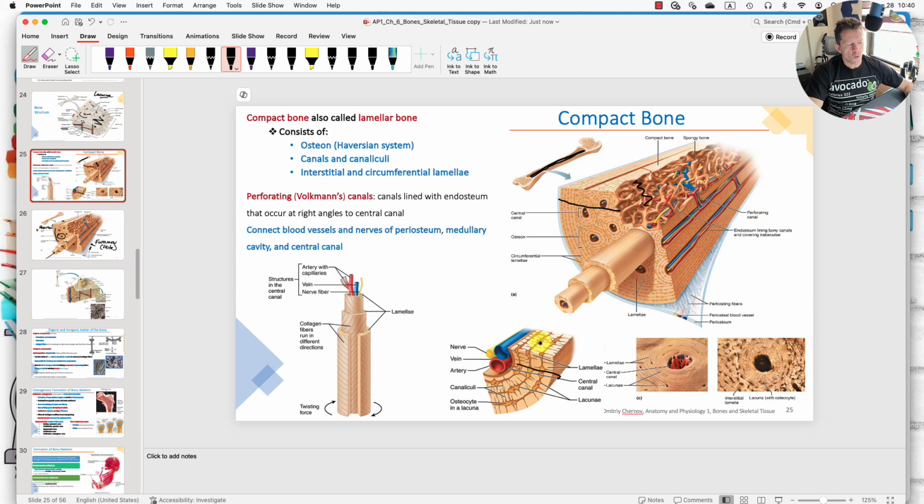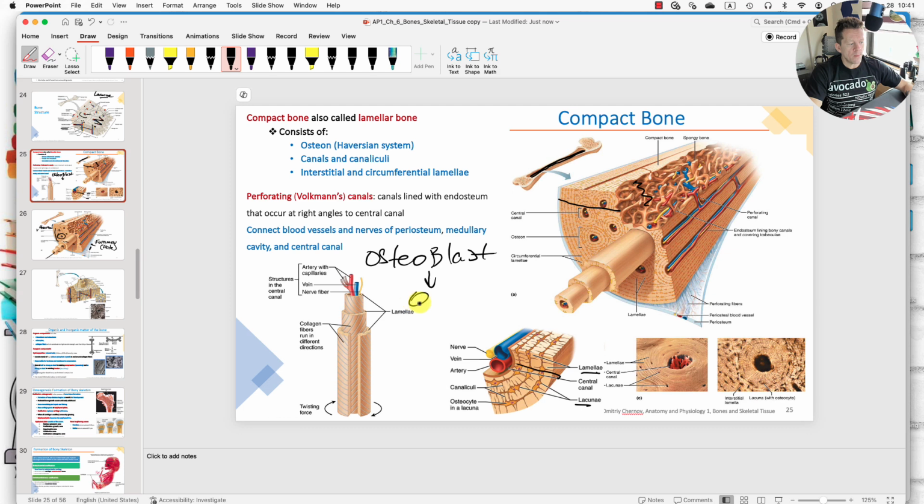Here, within the compact bone, you can see the lamellae, the layers, central canal, and these lacunas, right? Lacunae or lacuna, this yellow stuff. That's where the cells, the mature cells, are trapped, osteocytes. So the osteoblasts are immature cells, so they are making bone cells.